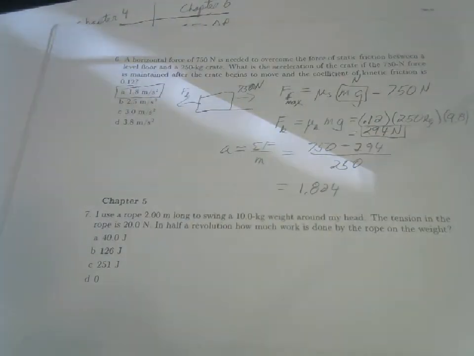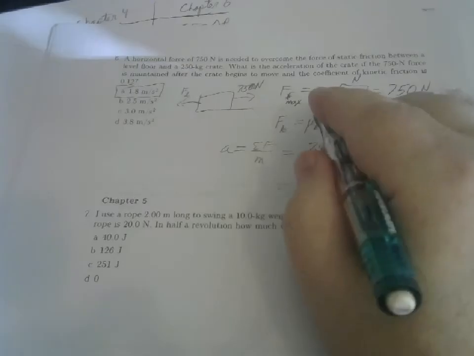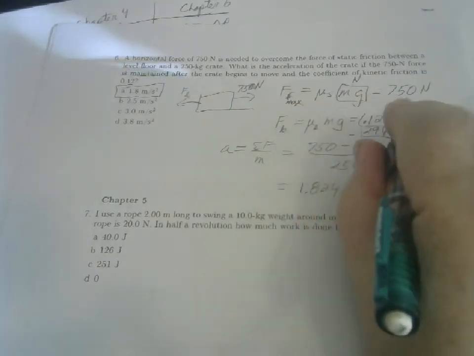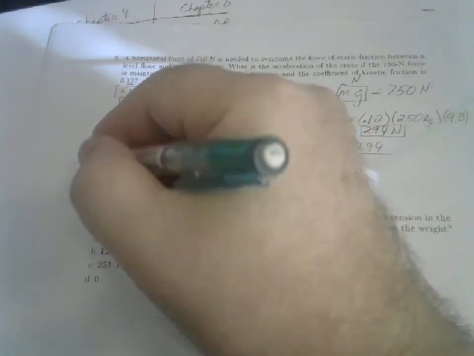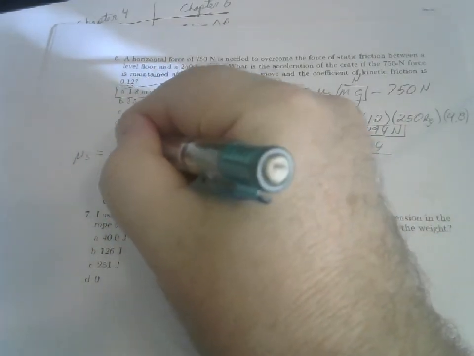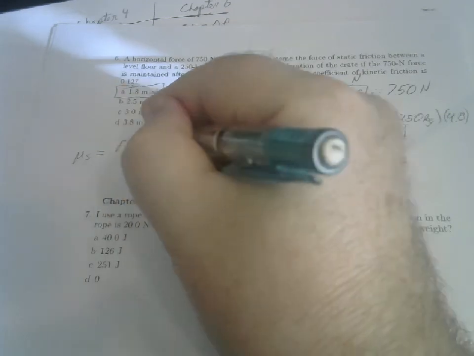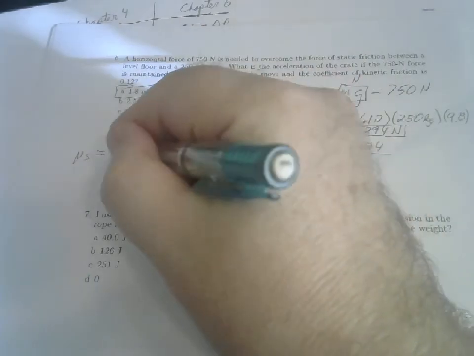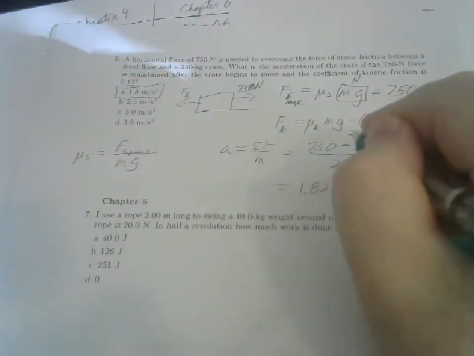Let's go ahead and calculate the mu sub s while we're here. We know that mu sub s times mg is 750 newtons. So mu sub s equals the maximum force of static friction divided by mg.